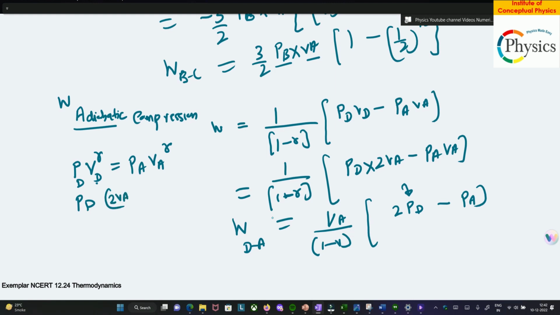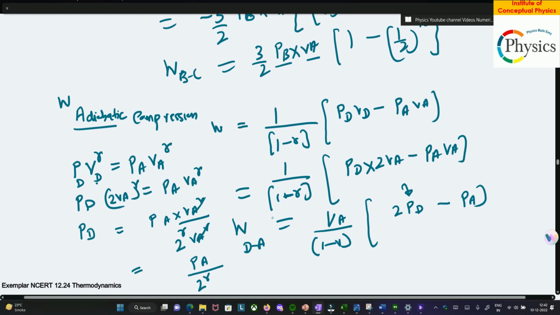So PD (2VA)^gamma is equal to PA VA^gamma. So PD is equal to PA multiplied by VA^gamma upon 2^gamma VA^gamma. VA^gamma gets cancelled on both sides, so you're left with PA upon 2^gamma. That's your PD.